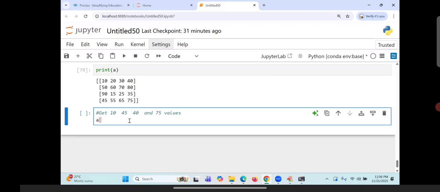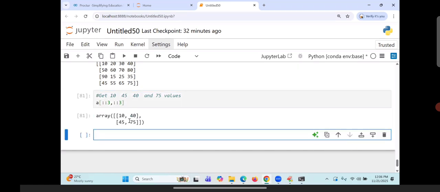A of colon 3 comma colon. Okay, beautiful. So good knowledge. Getting it? Easy or difficult? Easy.